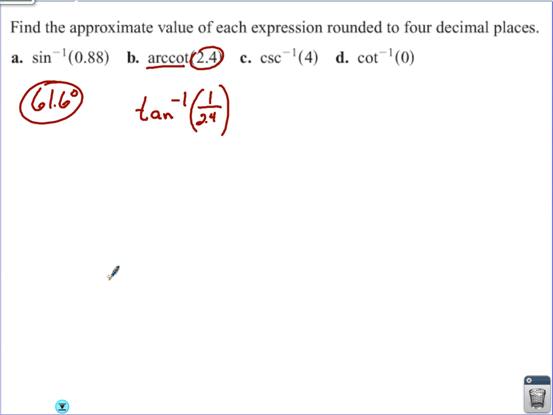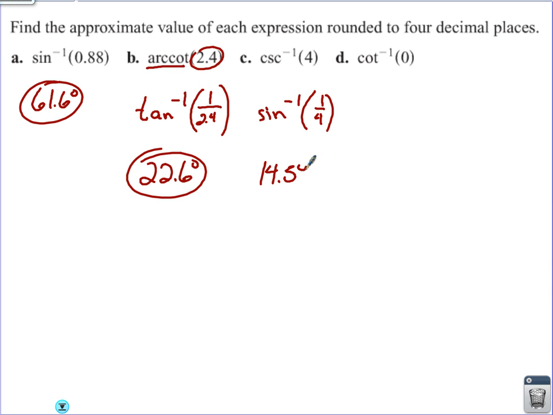Should be a first quadrant answer. 22.6 degrees. Last two. The inverse cosecant. Cosecant is a reciprocal of sine. So you're going to do the inverse sine of 1/4. 14.5 degrees.